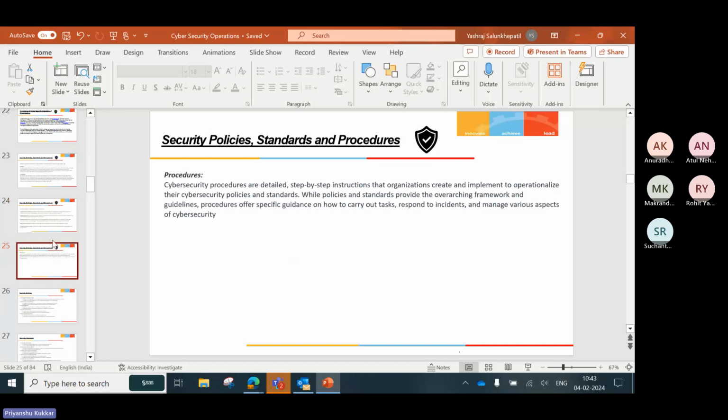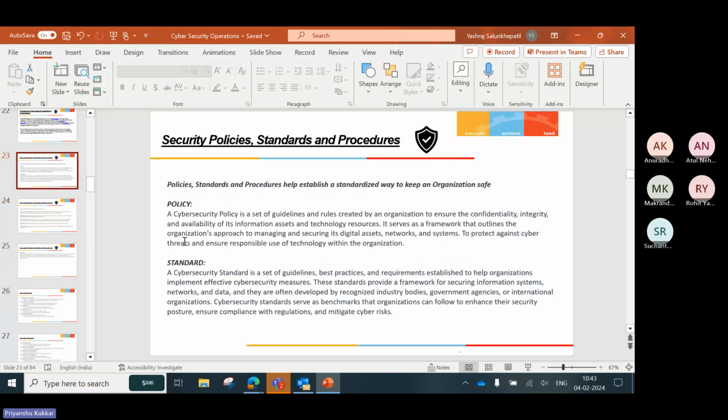ठीक है, I hope you have got the difference between policy, standards and procedures. Standards and procedures are okay, but policies are very important, by the context being here that you need to be aware of it. क्योंकि गलती से हम क्या करते हैं कि when we are working, somebody might say कि dude, I need this data, एक बहुत urgent है, please send it to me, give it to me.